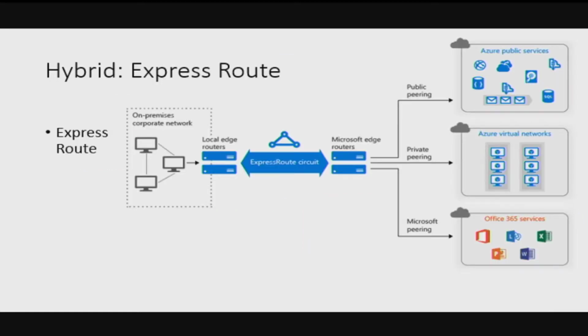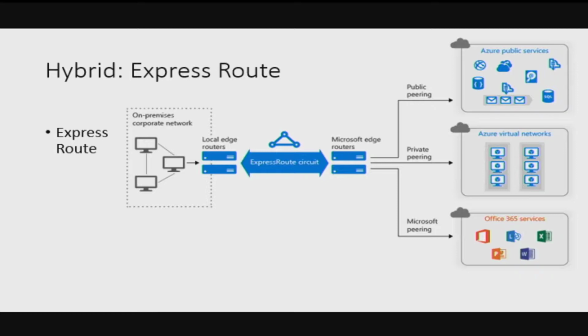ExpressRoute is more than just your virtual networks also. I think it's important to understand as an Azure architect that you can peer your on-premises environment not just to Azure virtual networks, but you can peer to Azure public services, right? In the routers on the Azure side, we're aware of our public IP address ranges for all our PaaS services as well.